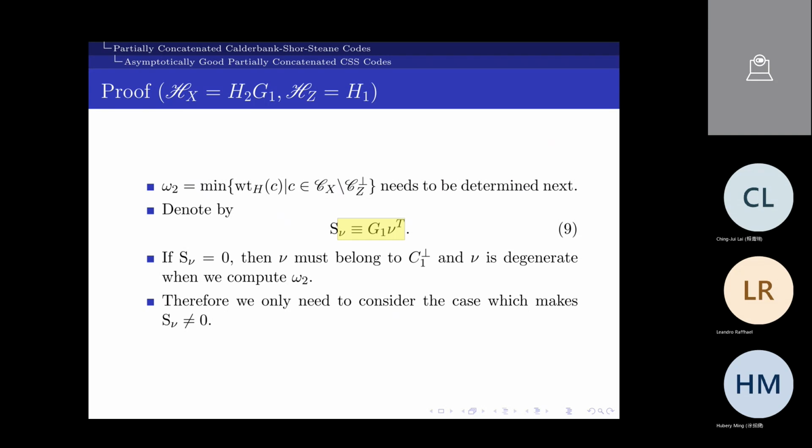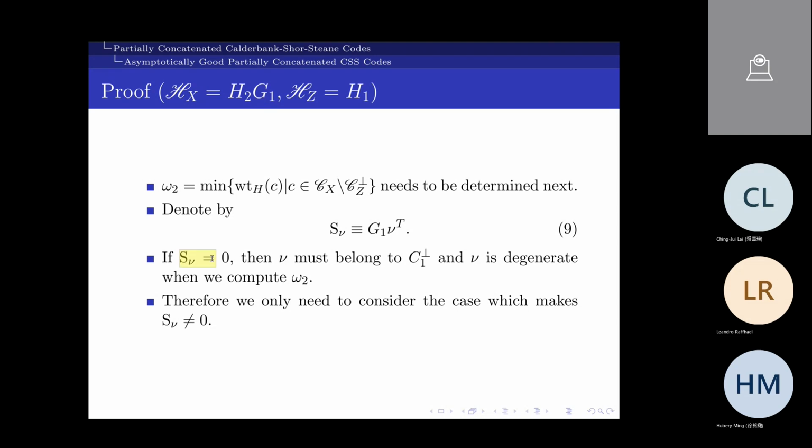We can see that SV can be seen as the syndrome of the dual code of C1. Because the structure of the so-called PC CSS code is given by Hx and Hz, and V is an arbitrary vector. So SV can be seen as the syndrome of the dual code of C1.